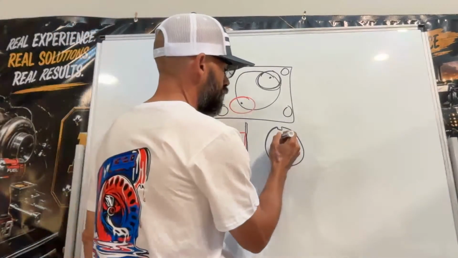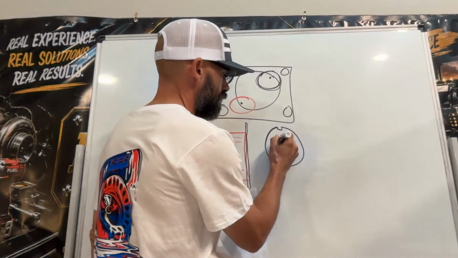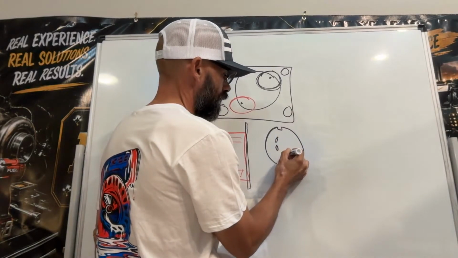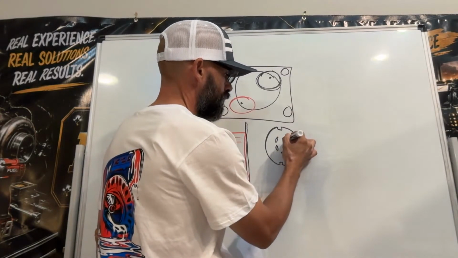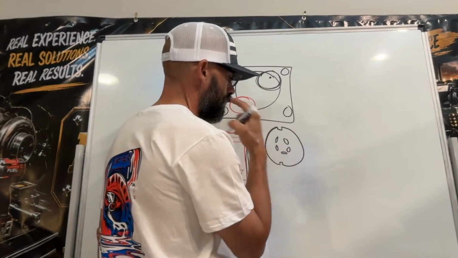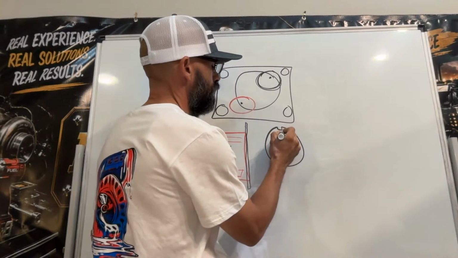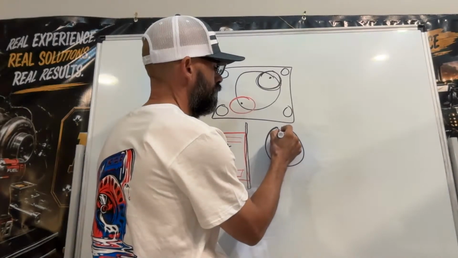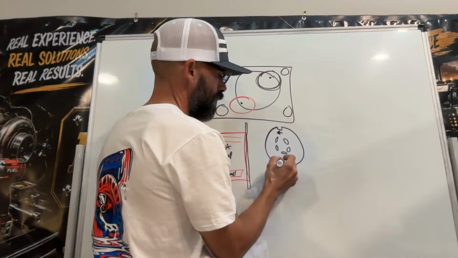So you're gonna have some passages of oil around here. And we're talking about the 90R. Here, you're gonna have an arrow. Here, you're gonna have an arrow.